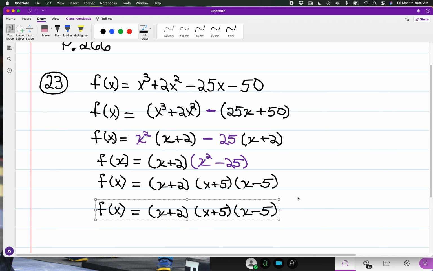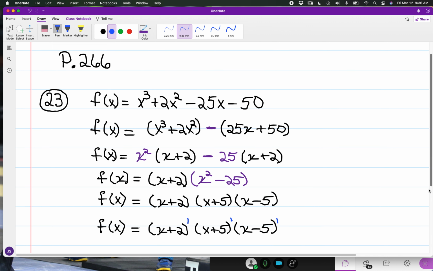And I'm going to stress the degrees for each of the factors. You don't see any exponents for any of these factors. If nothing is explicitly written, we regard each of the factors as being raised to the first power.